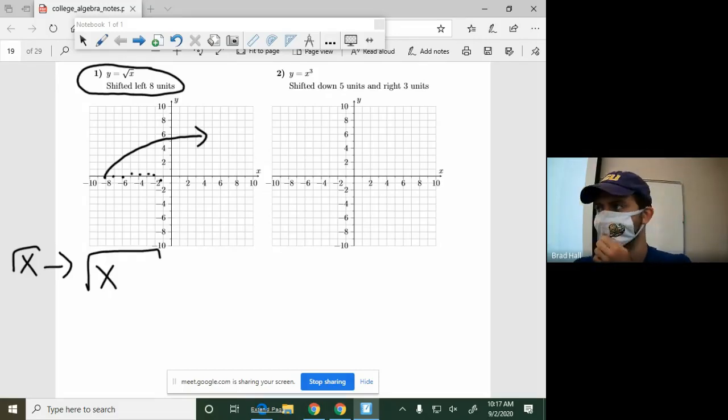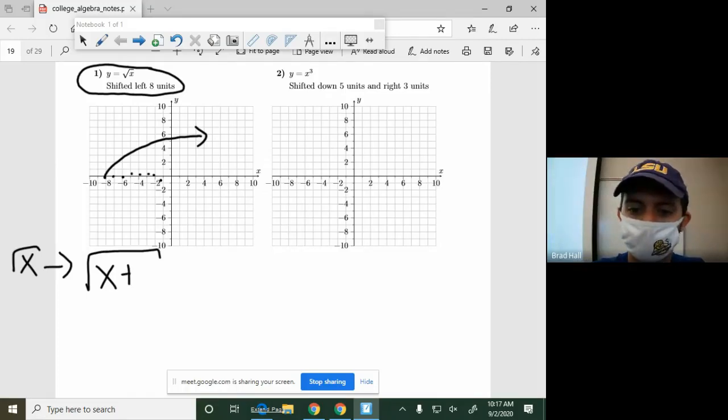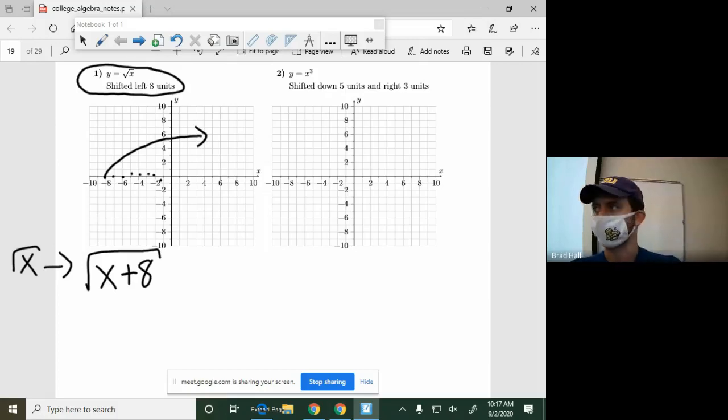That's how we add to the x directly. We have to impose it into that function somehow. And if we want to go to the left 8 units, left and right means we need the opposite operation. So left 8 units means we would add 8. Has to be the opposite. So that's what the function would look like.